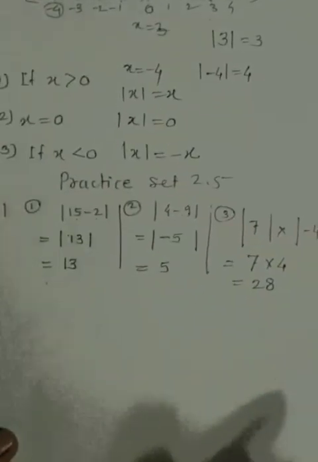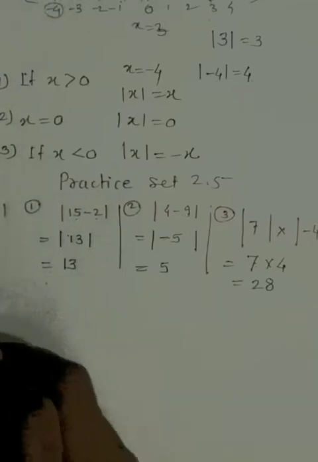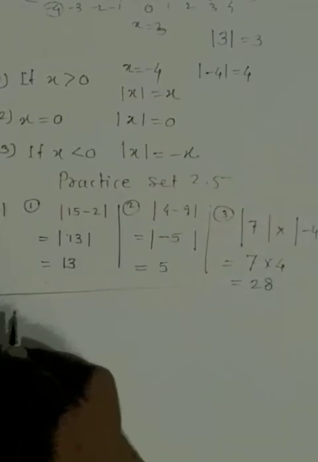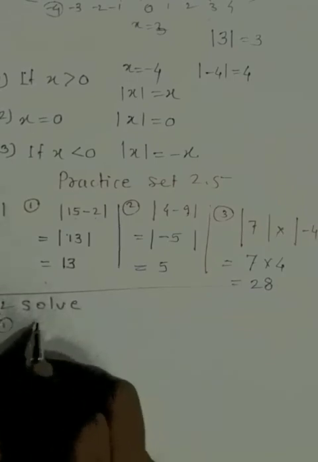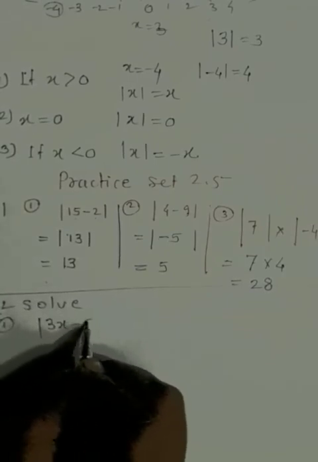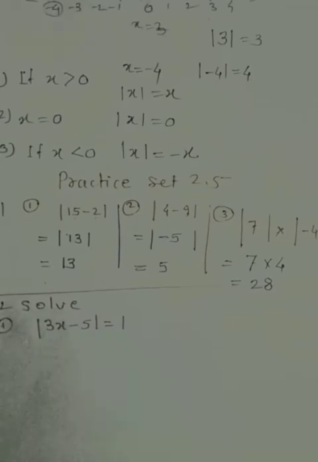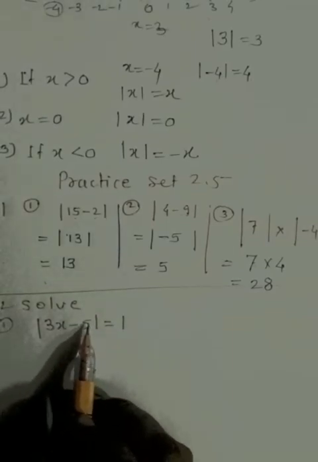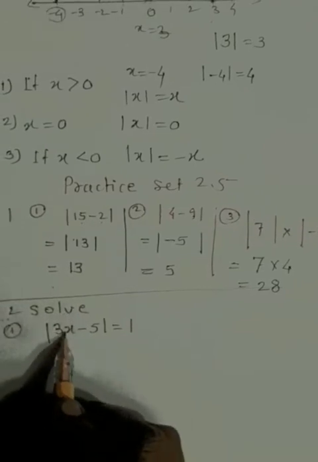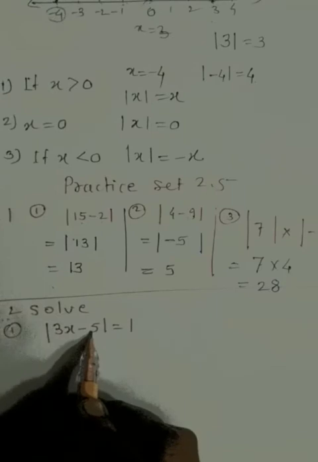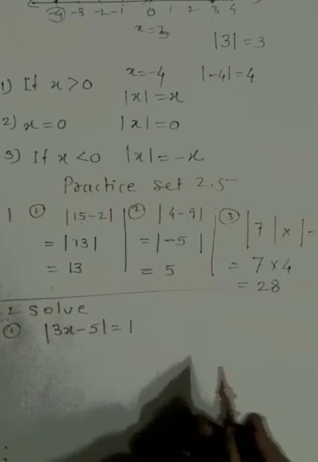Now see the second question. Question number 2 is solve: modulus of 3x minus 5 is equal to 1. As the absolute value of 3x minus 5 is 1, the expression 3x minus 5 has two possible values, either positive 1 or negative 1.